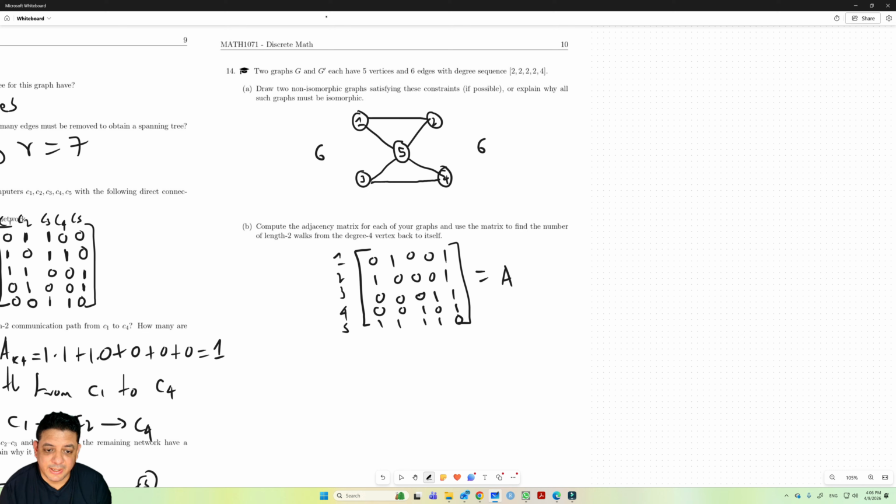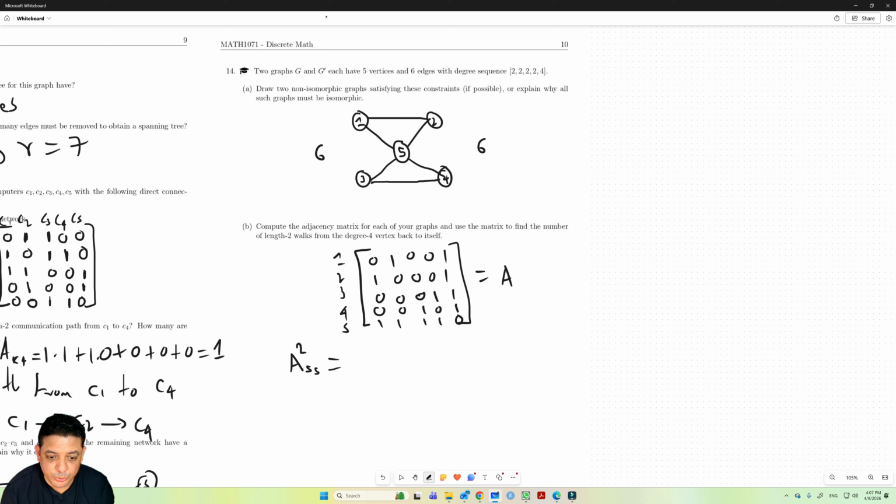Now, this is also asking to find the number of length 2 walks from a degree 4 vertex to itself. So pretty much this is talking about A squared. And if we're talking about the degree 4 vertex to itself, we're talking about going to 5. So in this case, it will be 5 to 5. And so that will be all the possible combinations that give me the sum.